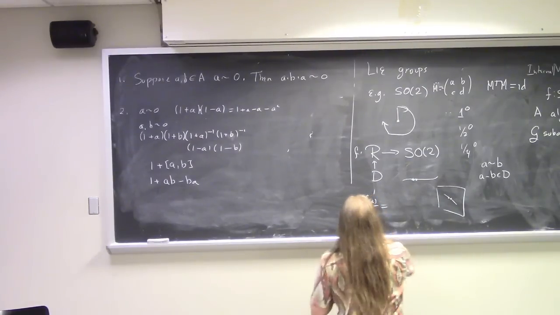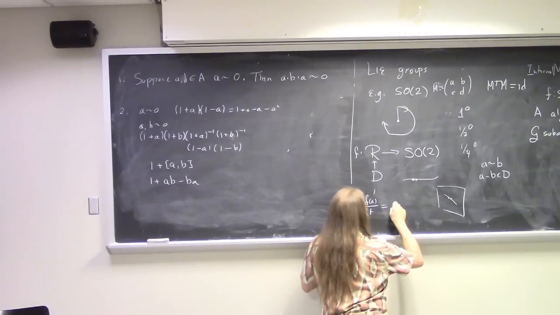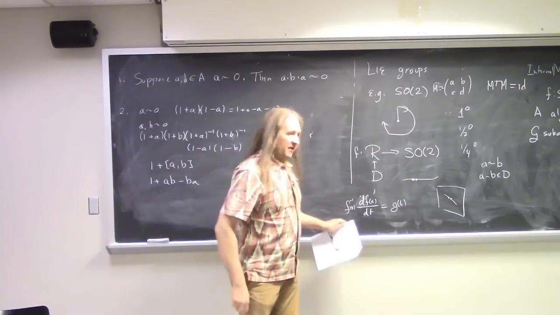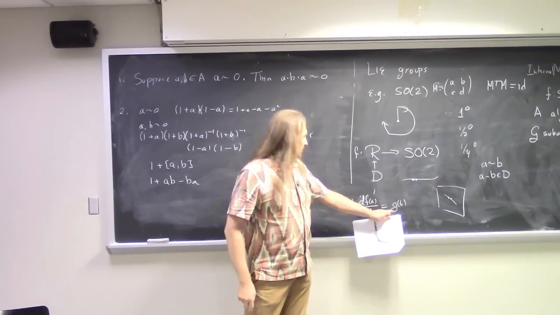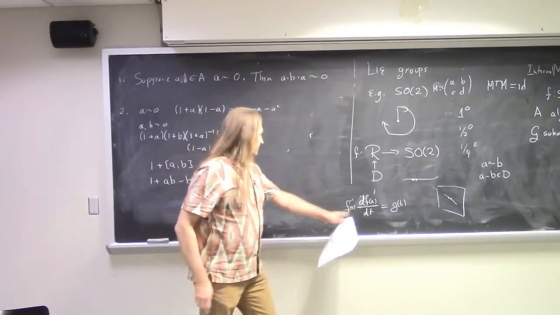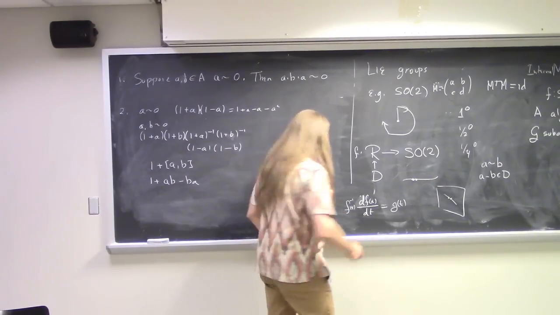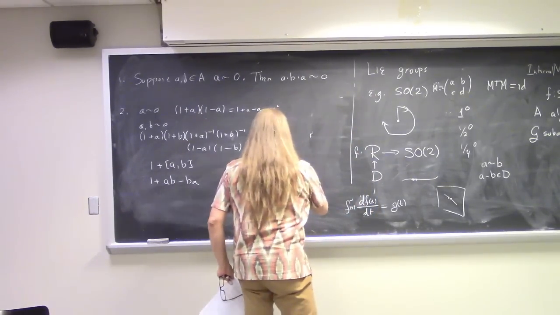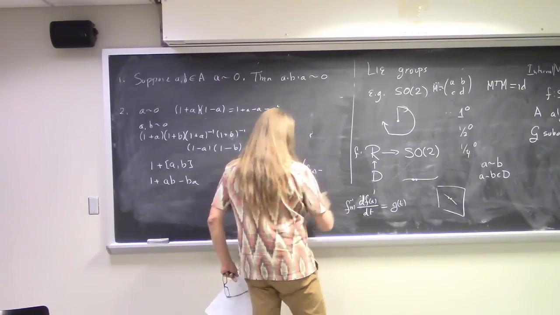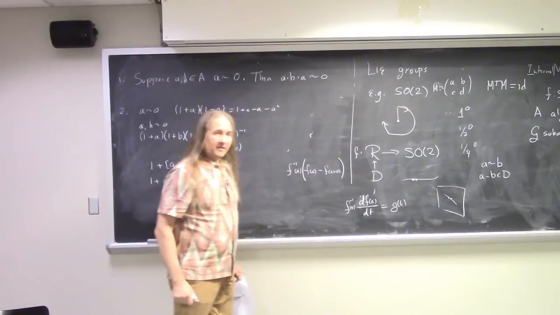Let me define it this way. I take F inverse times its derivative. So what does the F inverse do? Again, we can interpret this with the infinitesimal here. We can think of this as F of X minus F of X plus epsilon.